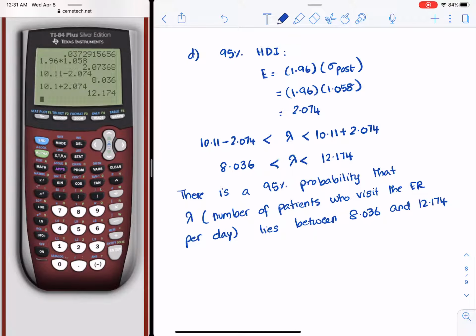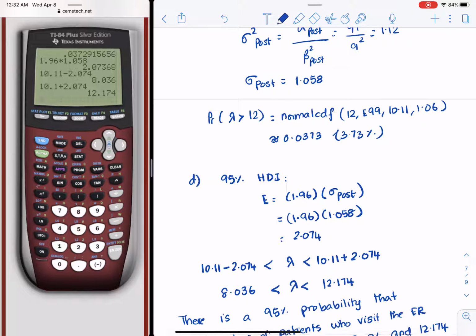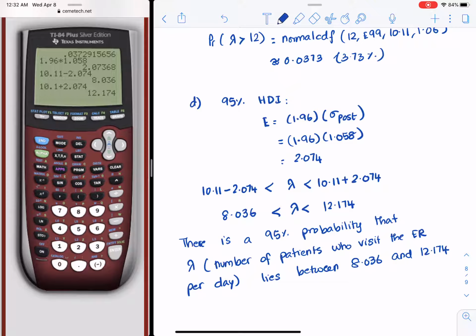That said, what are the chances that it is going to be bigger than 12.174? It has to be less than 5%, and that confirms the answer that we had in the previous part. So that would be the posterior distribution with a conjugate prior of gamma in a Poisson model.